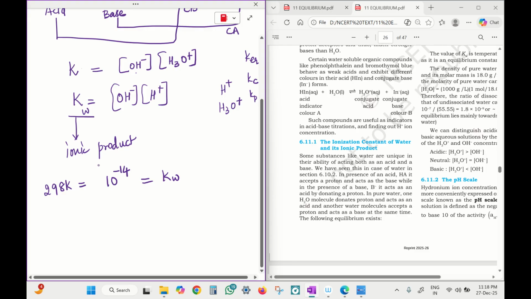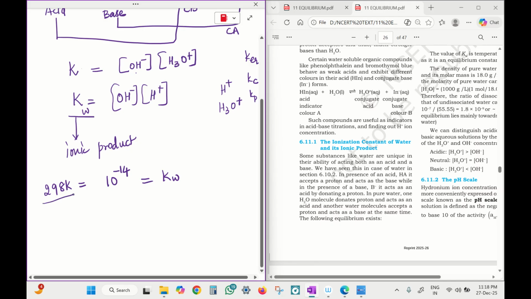We know that for every reaction, the equilibrium constant at a given temperature is a fixed value. So since the dissociation, or ionization, of water is also establishing an equilibrium, the Kw, which is nothing but the equilibrium constant for this process, should also have some value depending upon the temperature.